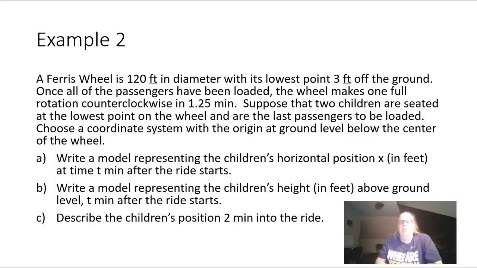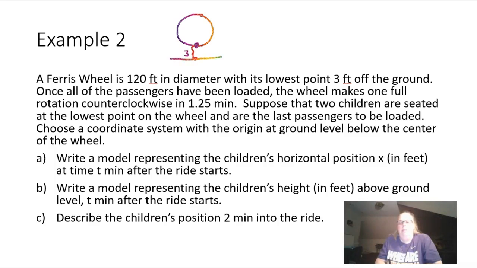All right, let's draw a picture here for just a second. We've got our Ferris wheel. This point right here is the lowest point on the Ferris wheel, and it is 3 feet off the ground. So that means the ground is going to be right here at this point.